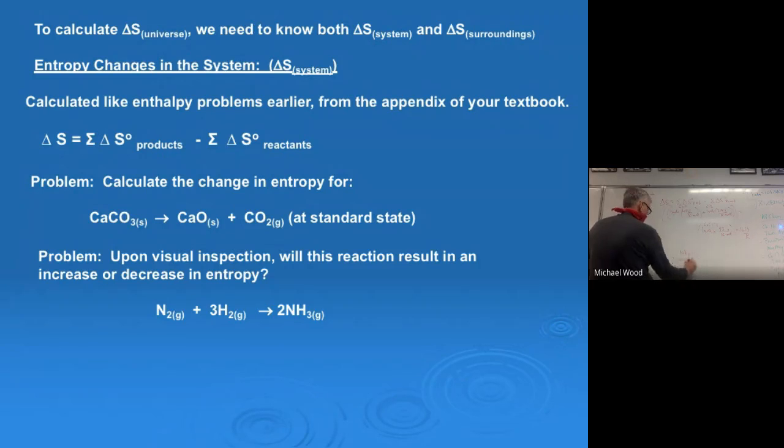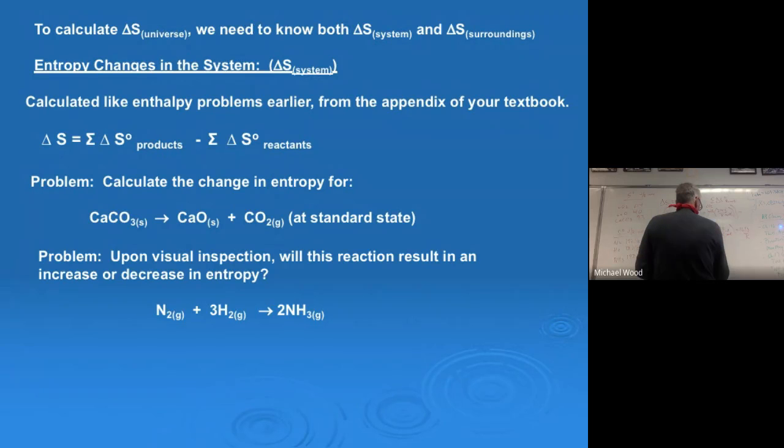So here's the NH3. What I get here is negative 199.